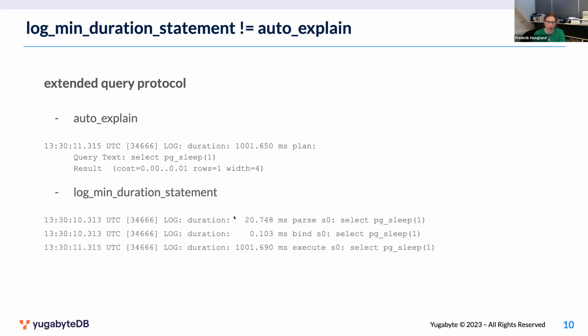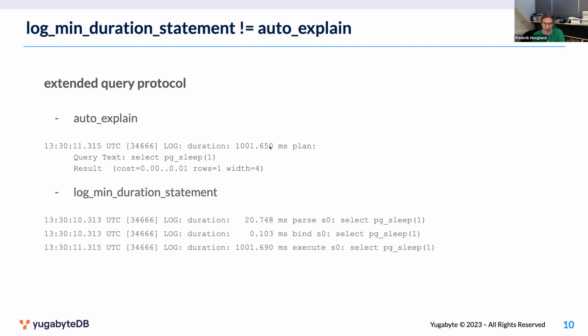The extended query protocol has 3 phases in which it executes something. The first one is parse, then bind, and then execute. If you look at the execute one, you'll see that these are pretty alike. Actually, log_min_duration_statement is a little higher because that sits on the outside of the execution, and the hook of auto_explain is released earlier, so that will take slightly less time.